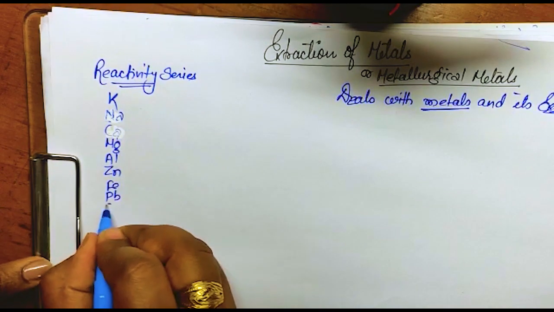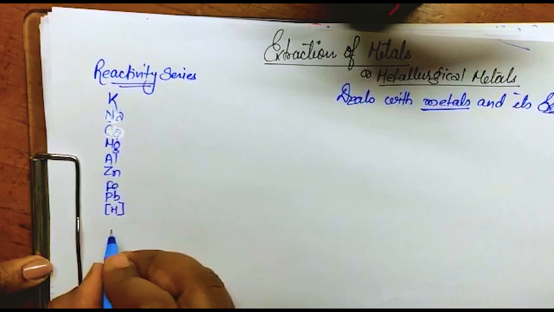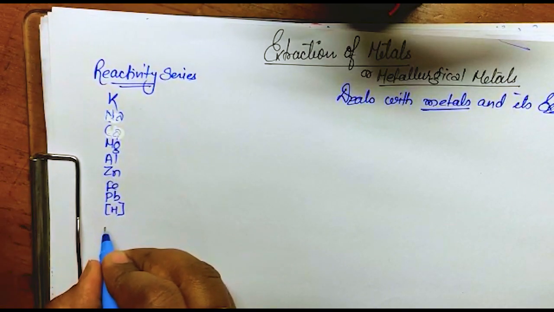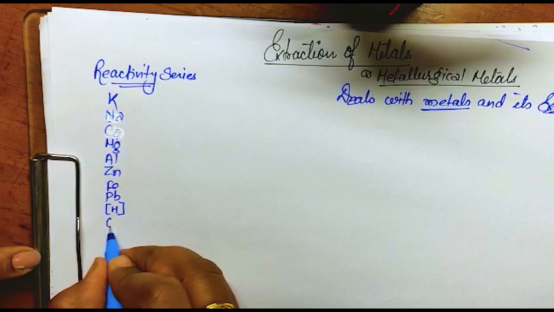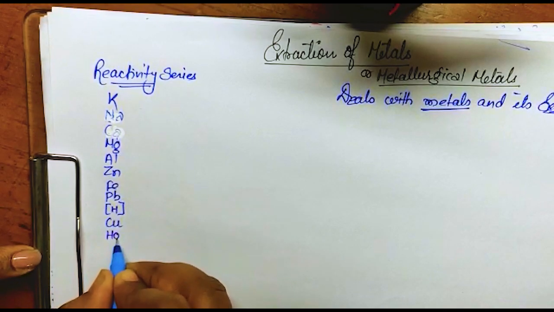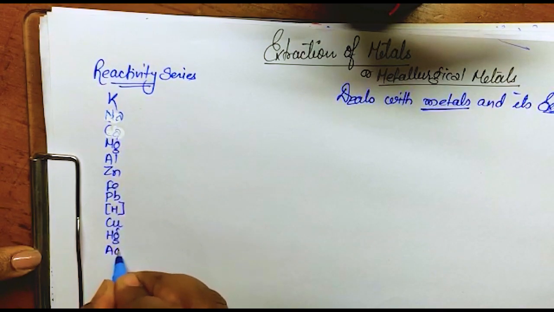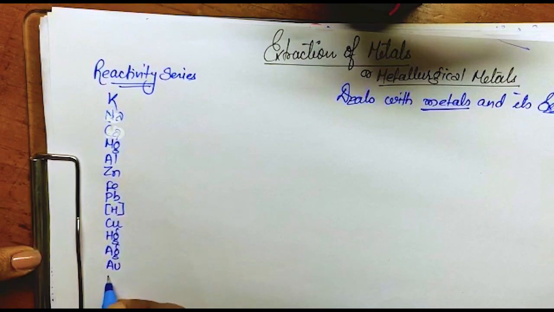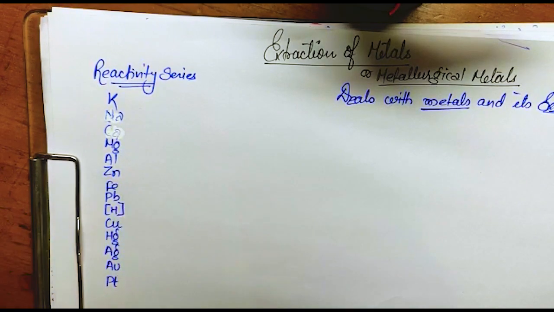And then it was hydrogen, and then the coinage metals we have to write: copper, and then mercury, and then silver, gold, and the last one is platinum. Okay, so this is your reactivity series.